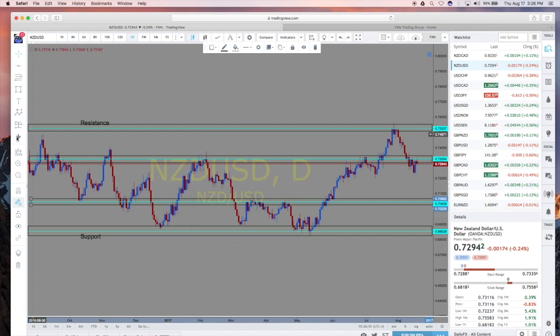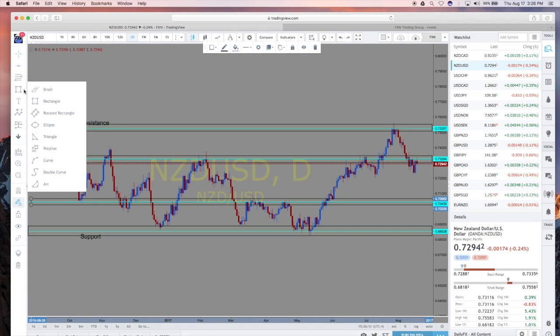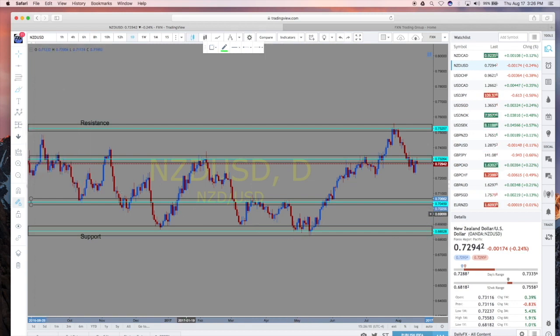So like this area here, okay? As you can see, price comes down and it seems to get stuck in this area. It won't get past it, right?